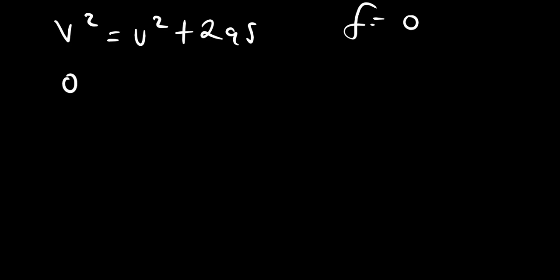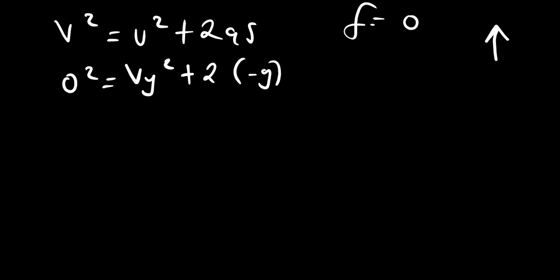So it will be 0 squared is equal to the initial, in this case Vy, squared plus 2. The acceleration in this case is acceleration due to gravity, and it is in the negative direction in the vertical axis, so it will be negative g multiplied by your h or your s. Your s in this case is the distance. The distance is also going in this direction, that's the height. So the distance in this case is the height, so we'll put it like that.